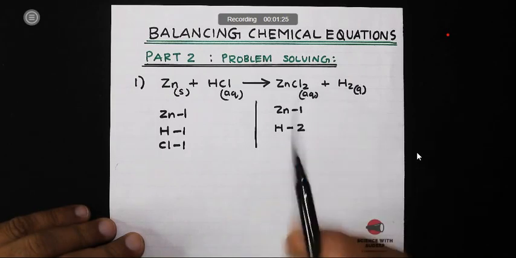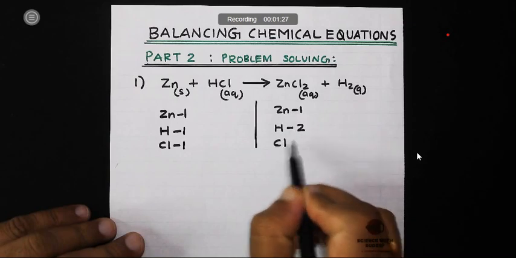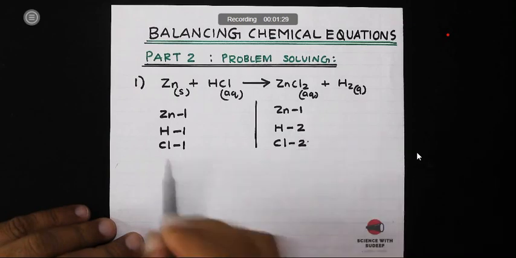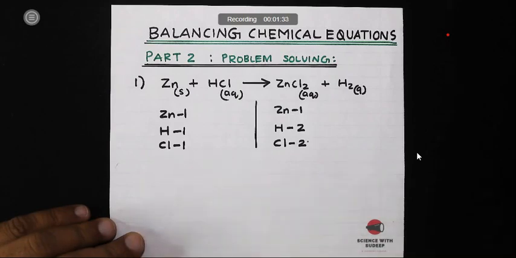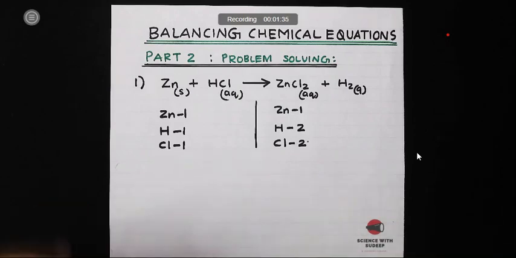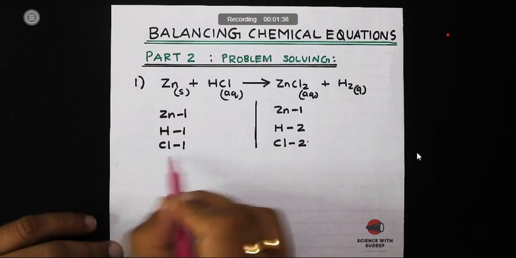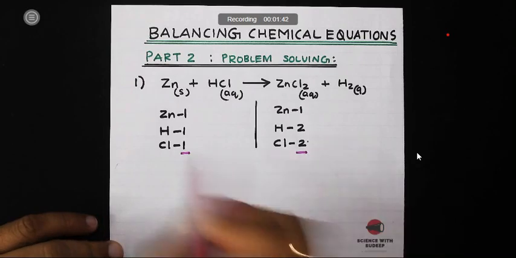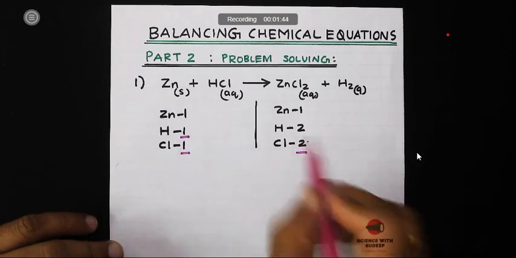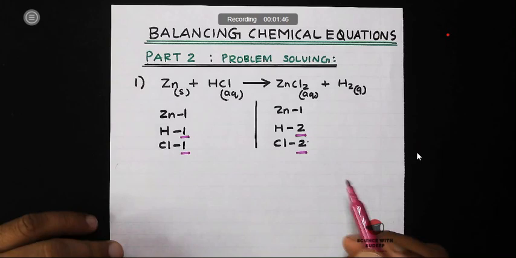Let's check the number of chlorine. On the right hand side we have 2 chlorines and on the left hand side we have 1 chlorine. So the problem is with chlorine and hydrogen. You see here, chlorine: right hand side 2, left hand side 1; hydrogen: right hand side 2, left hand side 1.